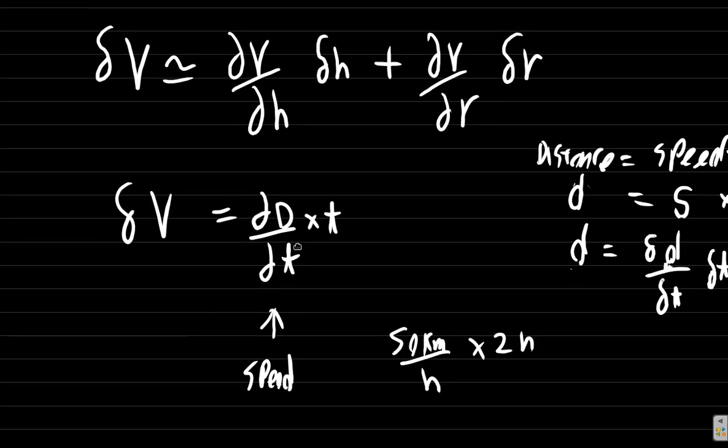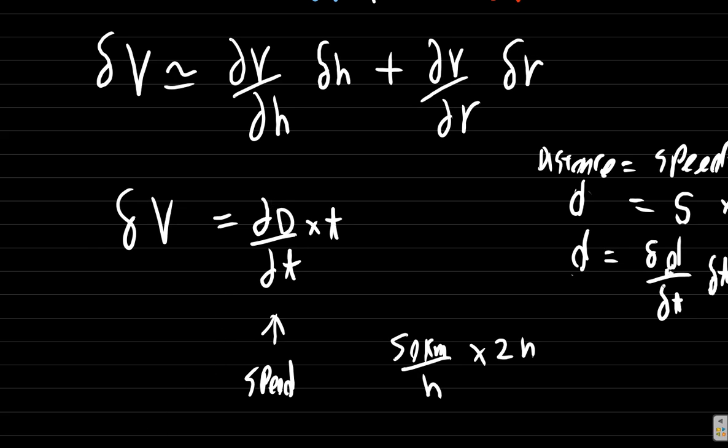So here we have a change in, I wrote V, it should be D, right, because I see the V up here, but this is saying a change in velocity, but we're talking about a change in distance. So a change in distance traveled is equal to the speed times a change in the time taken. Alright? So it mirrors what you have here.